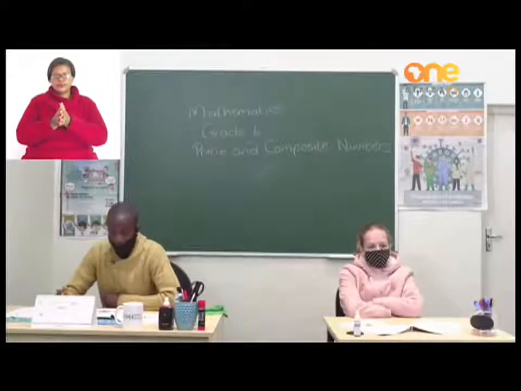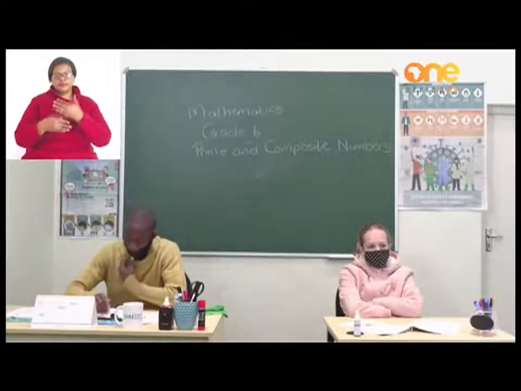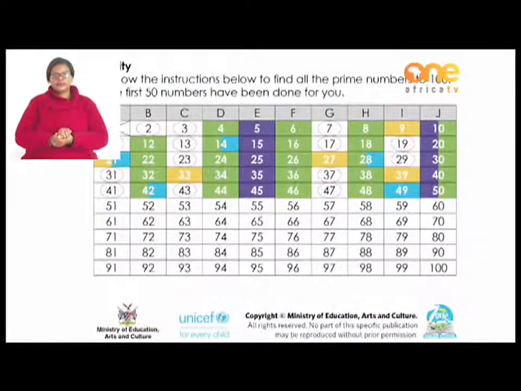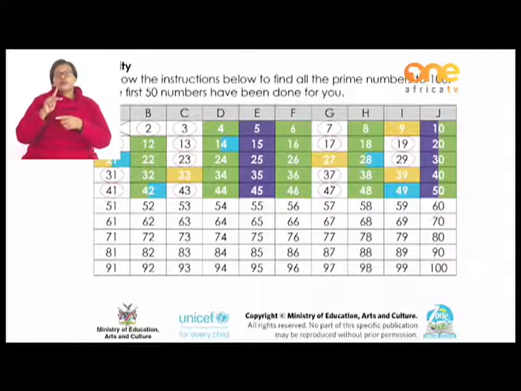All right, let's go to page 11. It says there to follow the instruction below to find all the prime numbers to 100. In other words, from 1 to 100. Now, it also says that the first 50 numbers have been done for you. Okay?